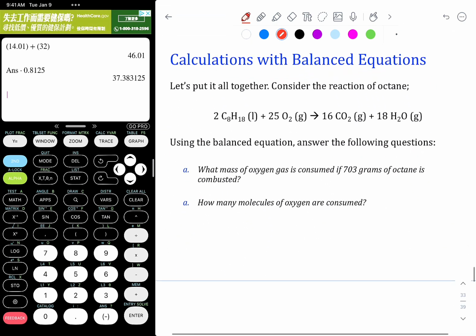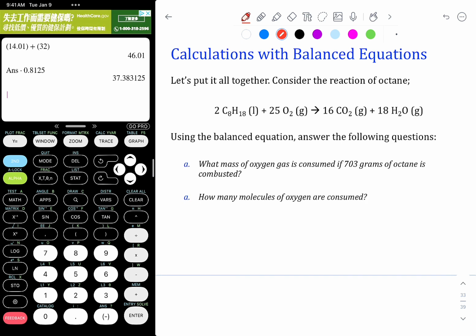Okay, so let's put this all together. So we're going to use our little molar roadmap there that we have. Consider the reaction of octane. Using the balanced equation, answer the following questions. What mass of oxygen gas is consumed if 703 grams of octane is combusted?